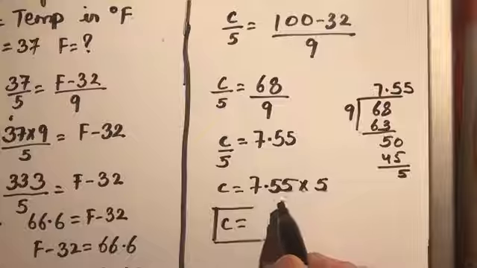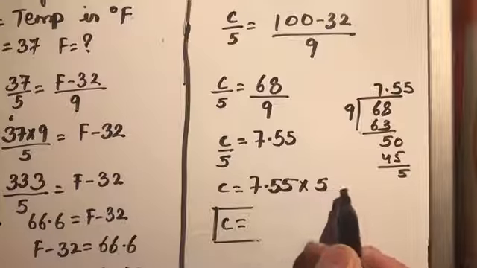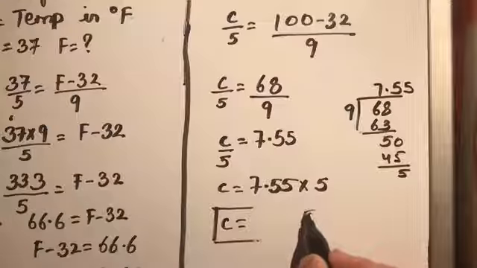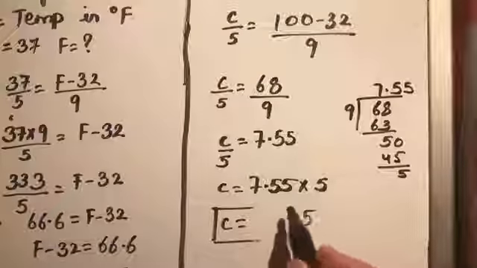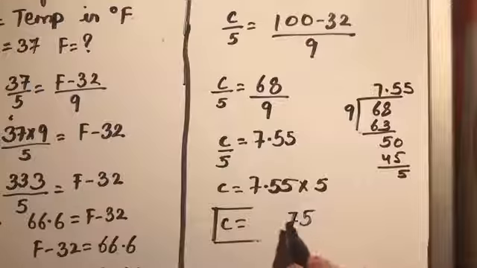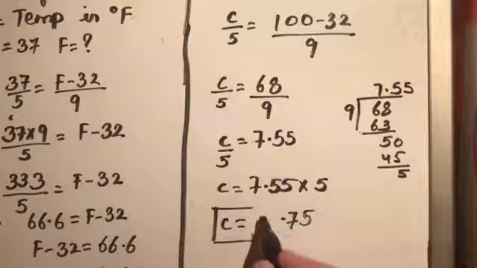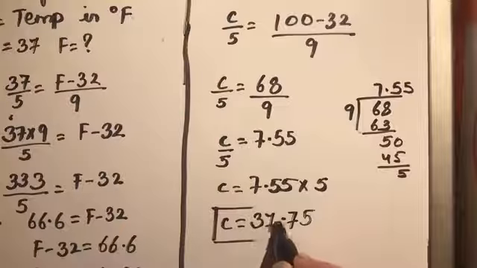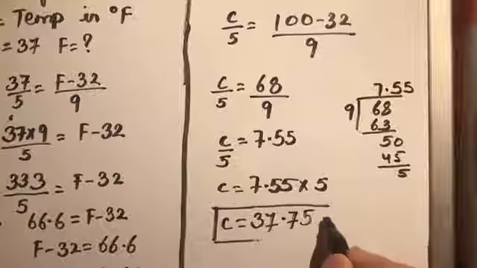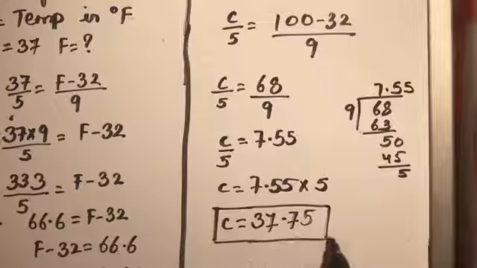So this is going to be 7.55 times 5, which is 37.75 degrees centigrade.